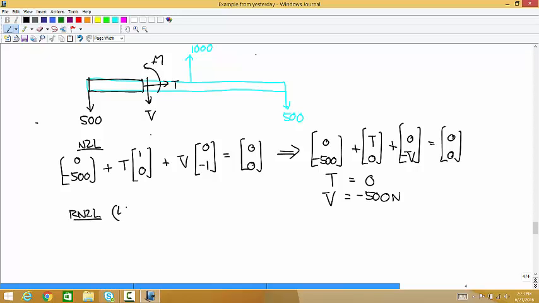The about point is going to be at the left end point. So what's the moment produced by the 500? 0. What's the moment produced by T? 0, because the line of action goes through the about point. What's the moment produced? Well, the easy one is M. You just add that on. Now, what's the moment produced by V? 0.25.